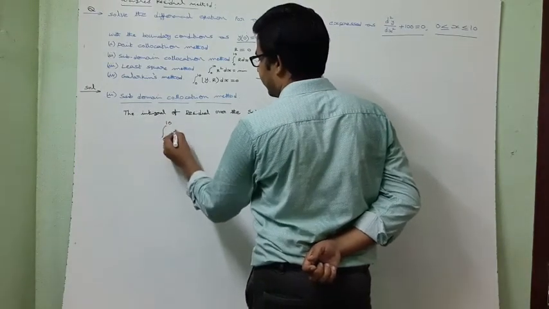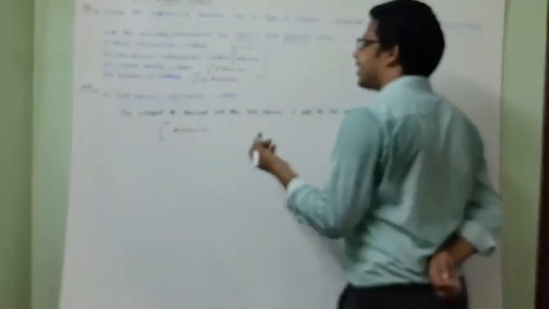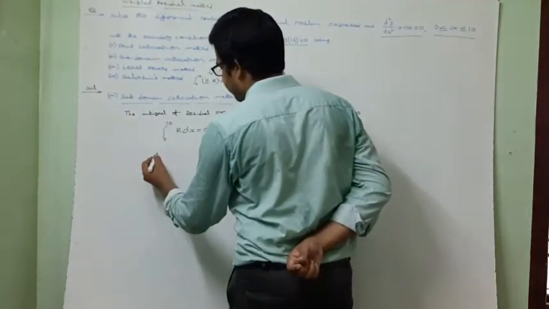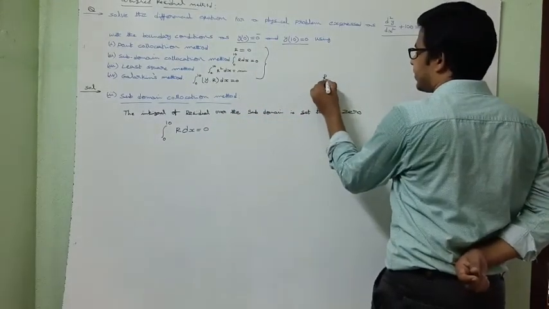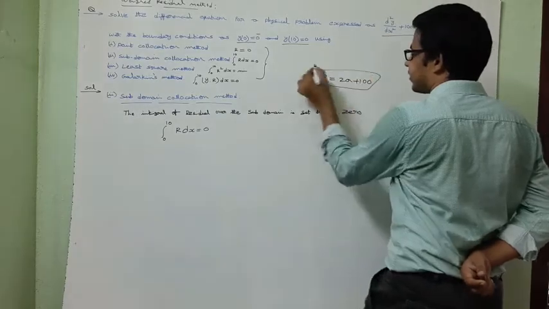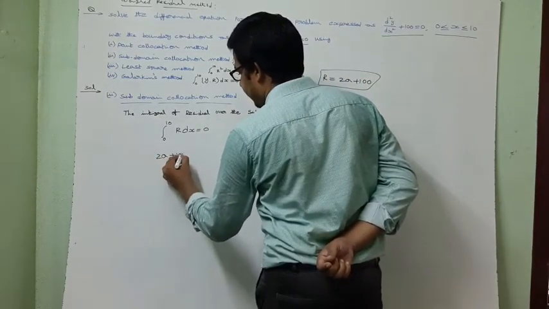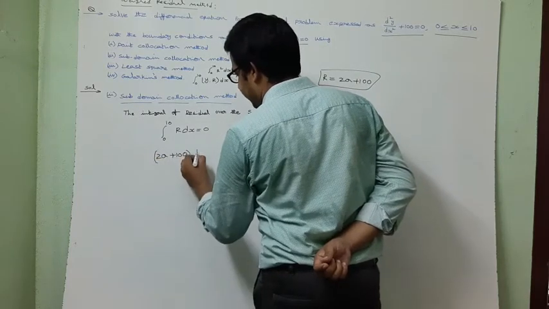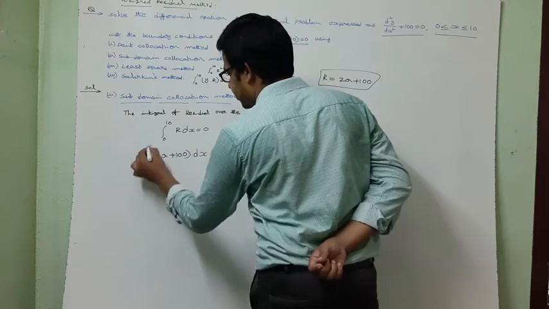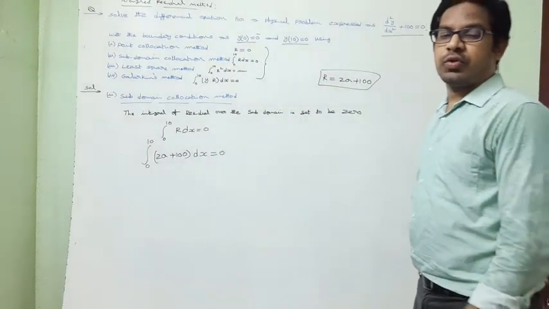0 to 10 of r into dx is equal to 0. What is the residual function? Here r is equal to 2a plus 100, that is the residual function. So 2a plus 100 into dx is equal to 0, with limits 0 to 10.